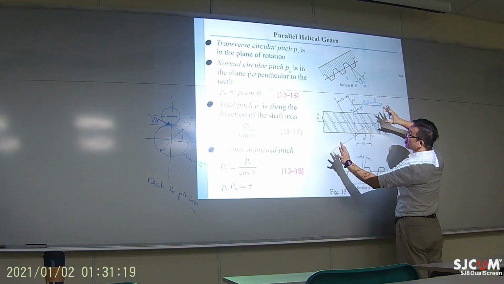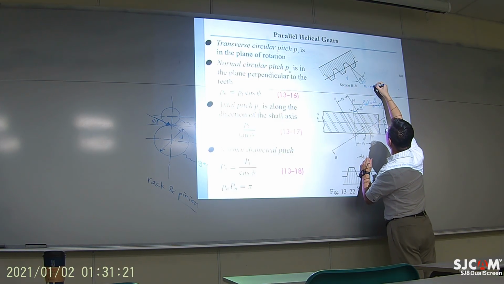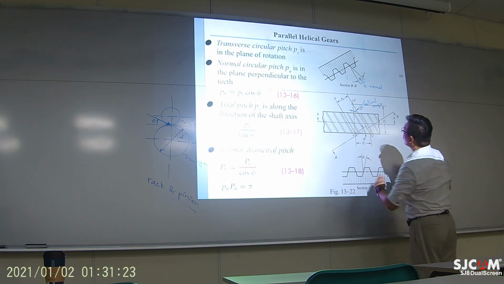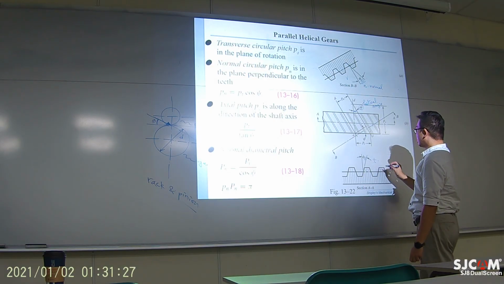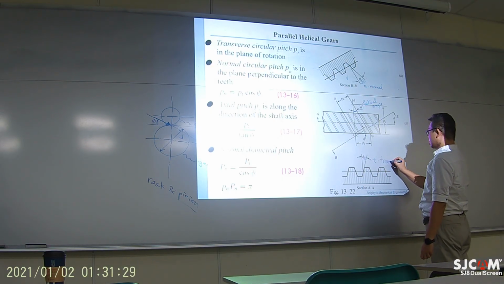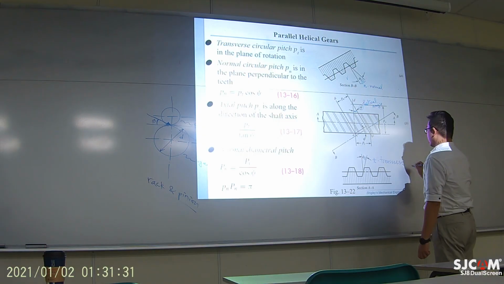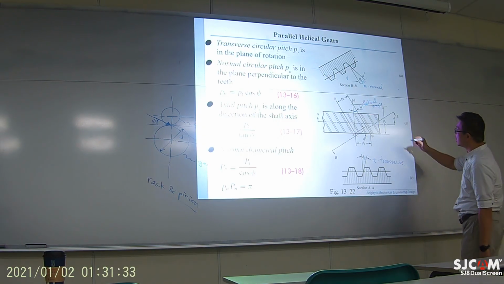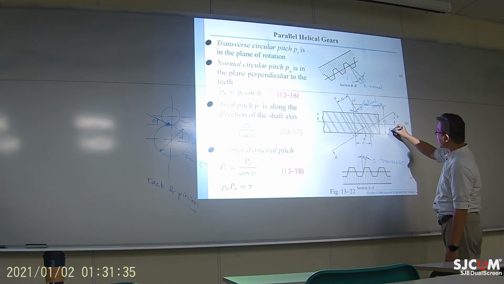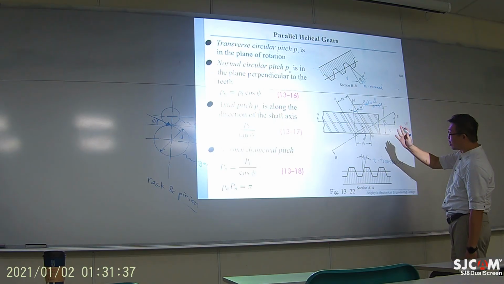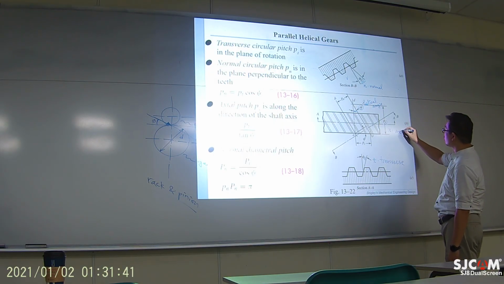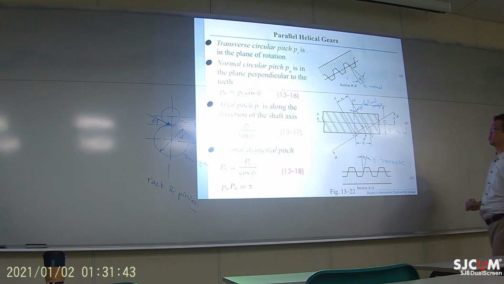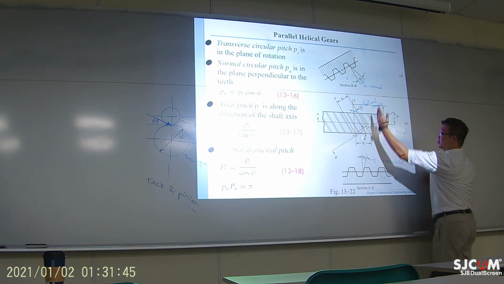Whenever you see subscript n, it means normal. And when you see subscript t, it means transverse. And when you see subscript x, here it means the axial direction, along the axis.